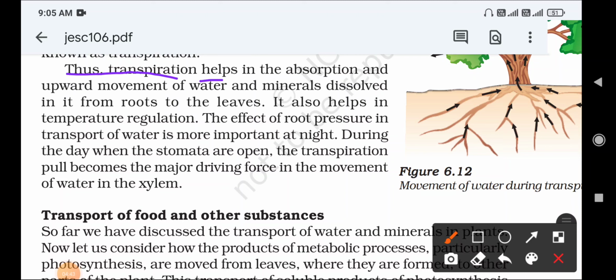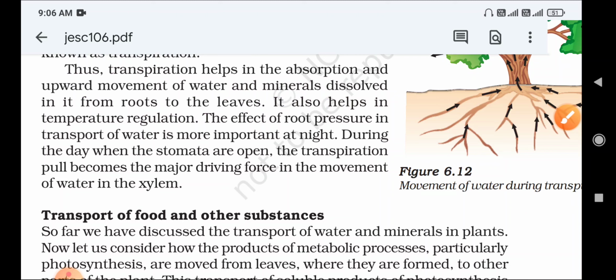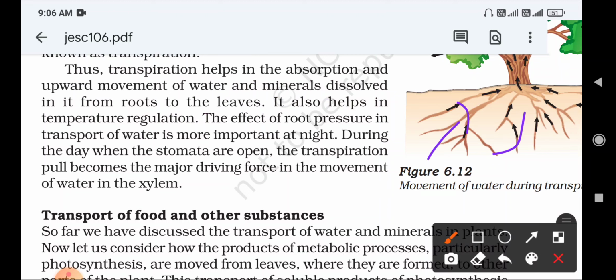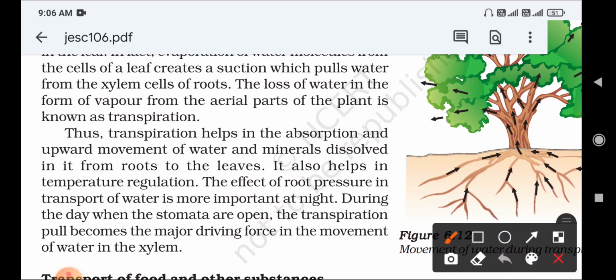Thus, transpiration helps in the absorption and upward movement of water and minerals dissolved in it from the roots to the leaves. The roots absorb the minerals and water, and they move towards the leaves.